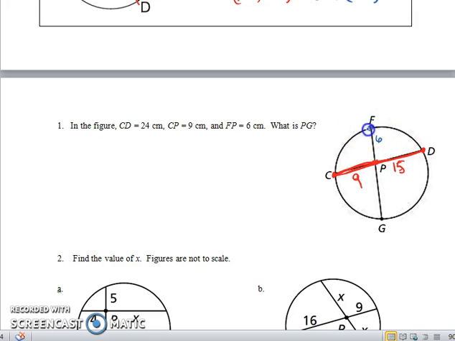I also know that from F to P is 6 centimeters, and then they're asking, here's the big question, what is PG? So since we don't know what PG is, I'm going to call it X. Just call it a variable since I don't know what it is.